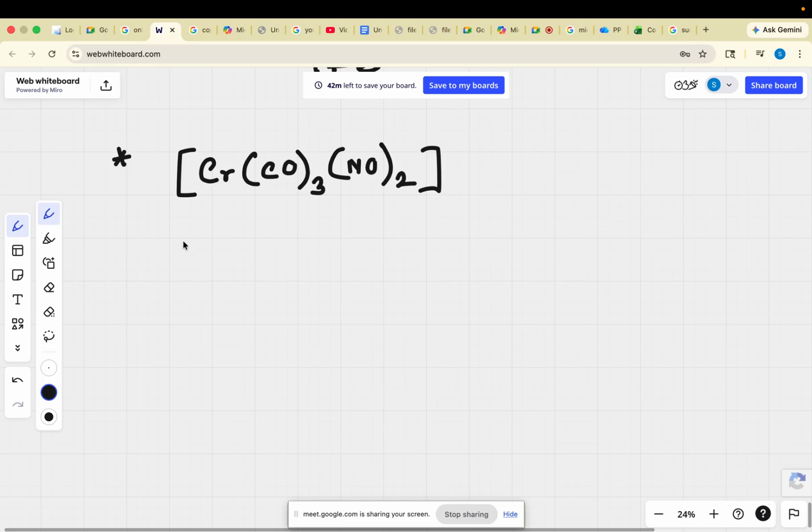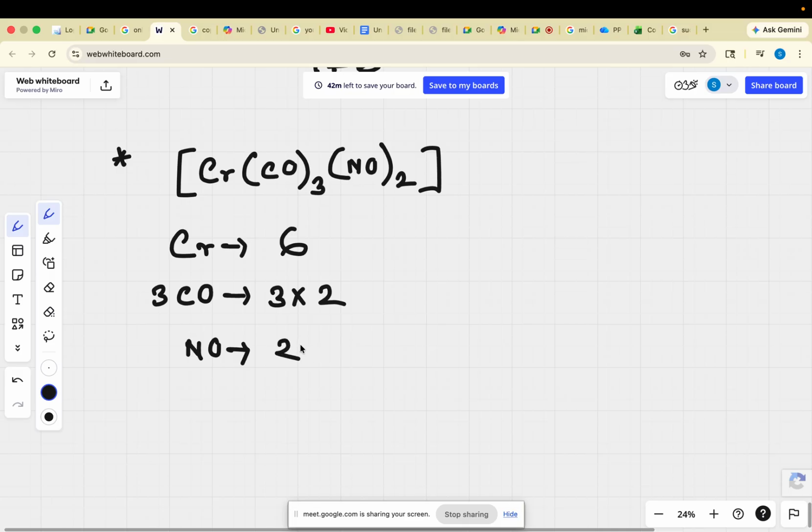So chromium is donating 6 electrons. From 3 carbonyls you are getting 6 electrons. And from 2 NO, NO donates 3 electrons, so 2 into 3. If you do this, you are getting 18 electrons.